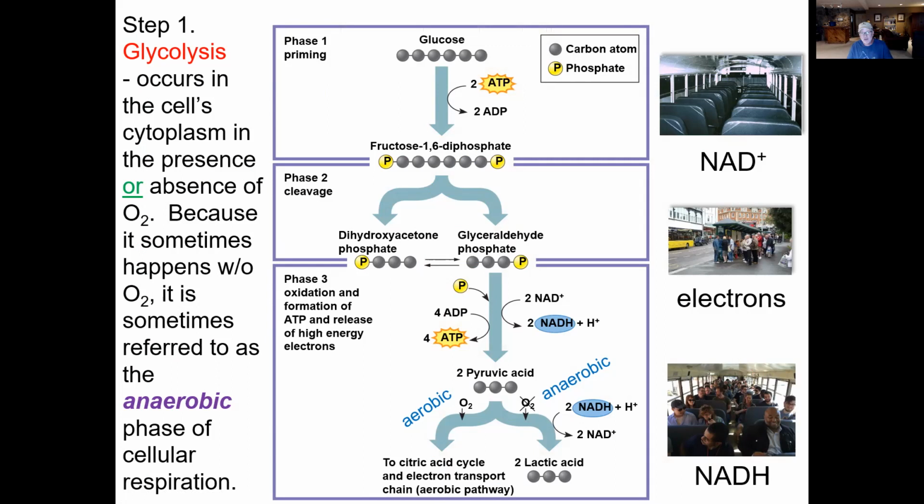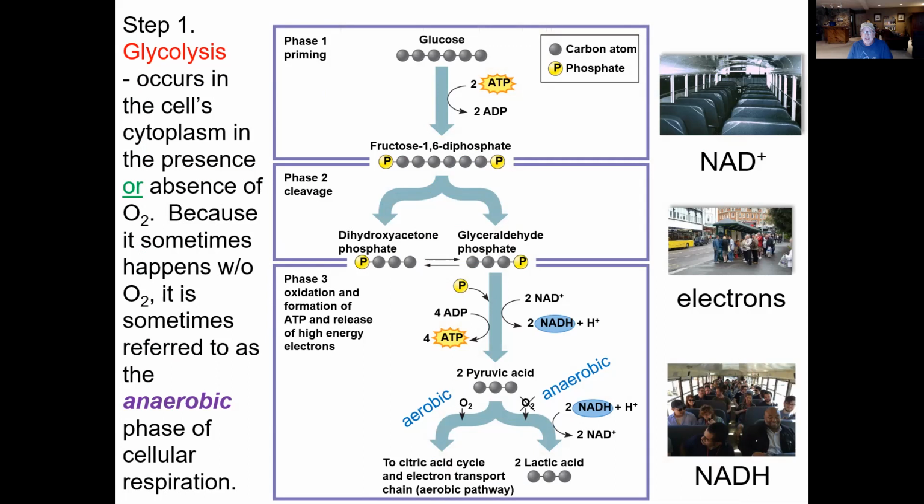If there's no oxygen, anaerobic, we can't go through steps 2 and 3. That has implications as to how much energy a cell can generate. If it has the aerobic conditions available, then it can generate lots of ATP. If it's an anaerobic situation, then we can't get as much ATP made from the glucose.